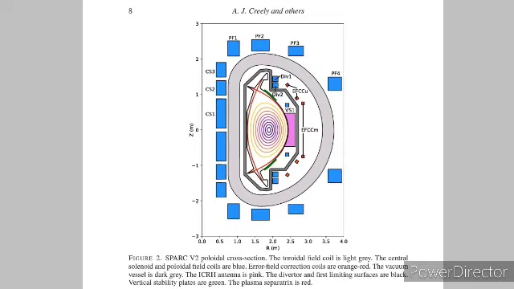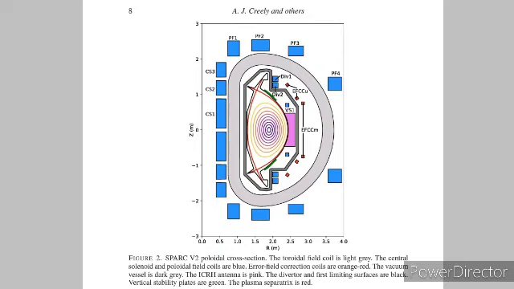Figure 2 shows the poloidal cross-section of SPARC V2. The entire SPARC device is up-down symmetric to the maximum degree possible, enabling tests of symmetric double null operation.